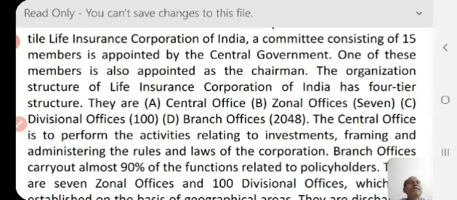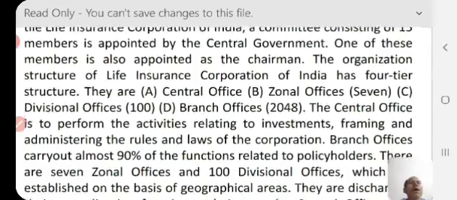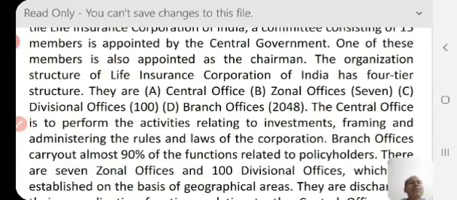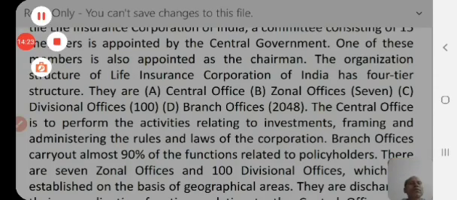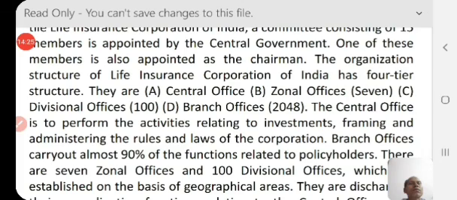Among them one is the chairman, and the remaining are the executive council members. The LIC has a 4-tier structure, that is central level, zonal level, divisional level, and branch level.